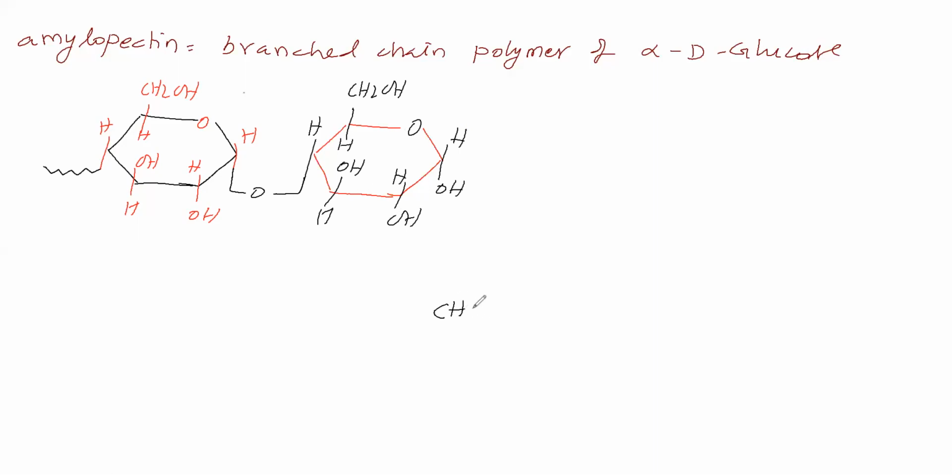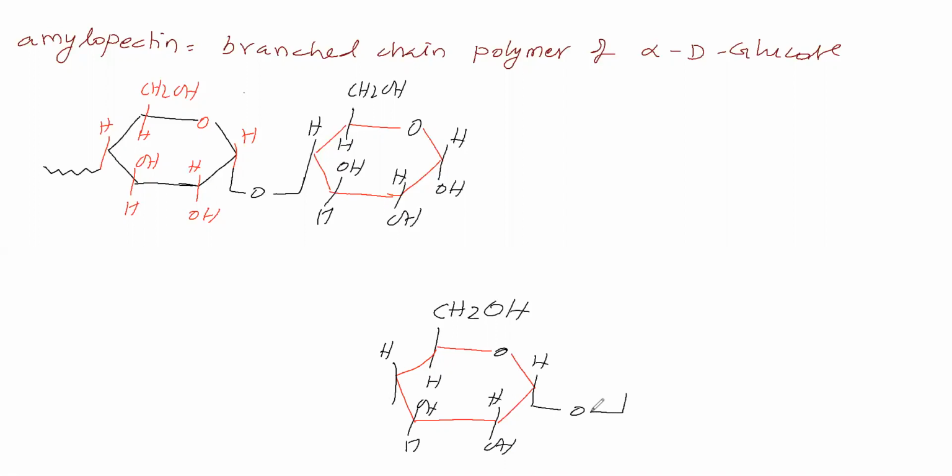Next we will take another chain, with CH2OH. This fifth carbon is bonding with oxygen. First carbon, second carbon, third carbon, fourth carbon, fifth carbon. Now we will give oxygen here. First carbon H and OH, second carbon H and OH, third carbon OH and H, fourth carbon H and OH. Next we will continue the glycosidic linkage like this.